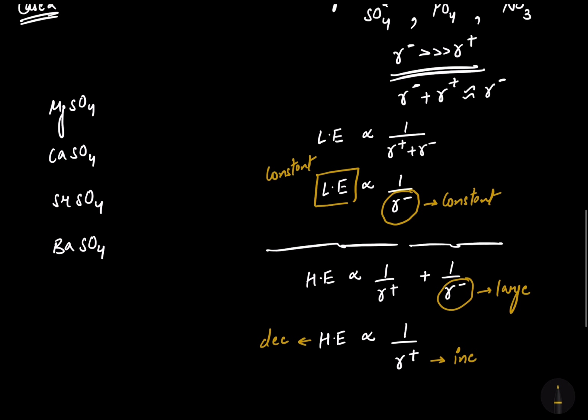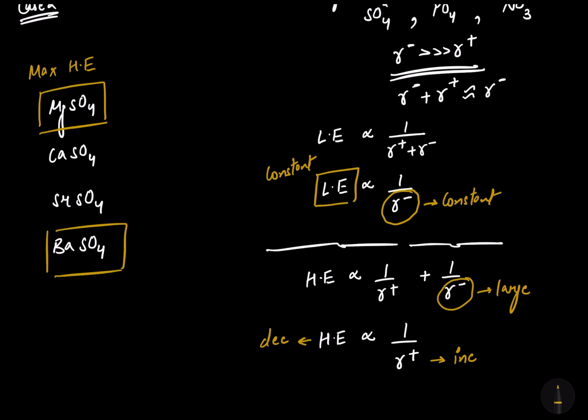Now the lattice energy is constant for the second case, but hydration energy is decreasing down the group. That means magnesium sulfate has maximum hydration energy and barium sulfate has minimum hydration energy.